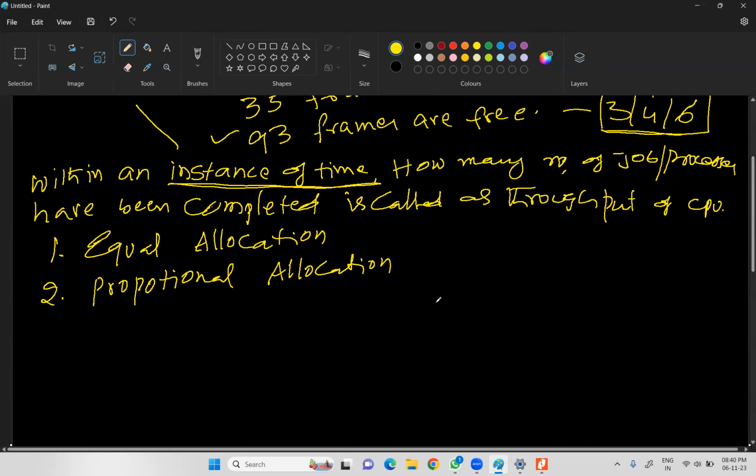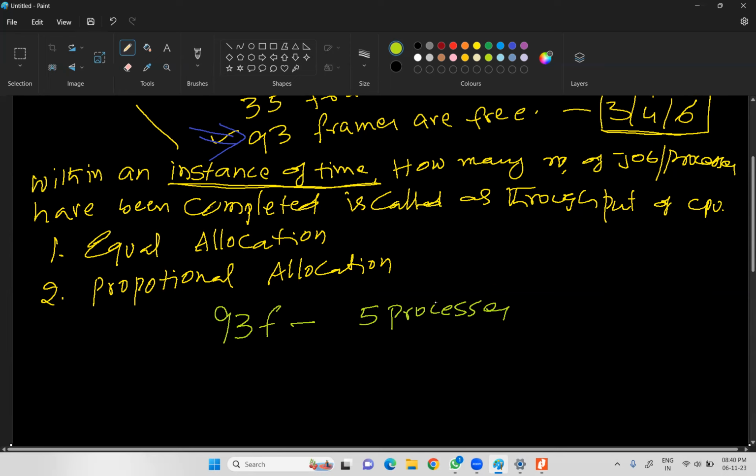Let me consider the example I have just given to you. 93 frames are free here. So 93 frames are there with you, and you have 5 processes with you.